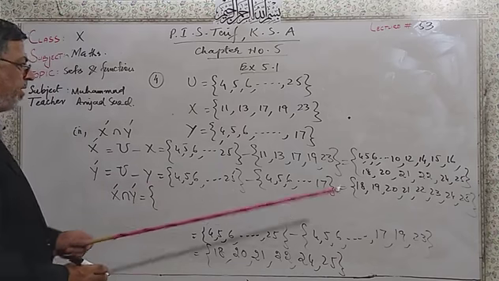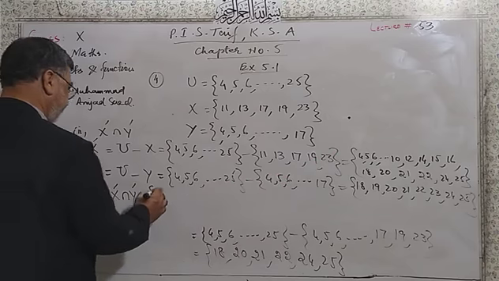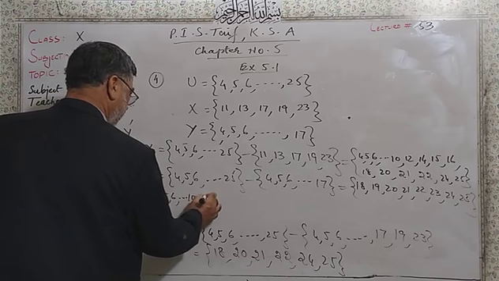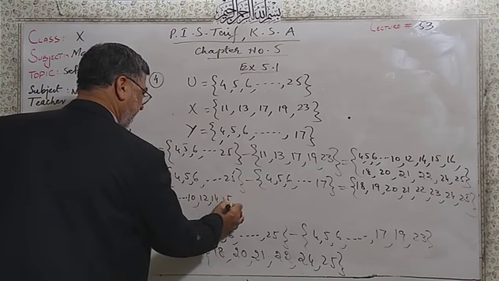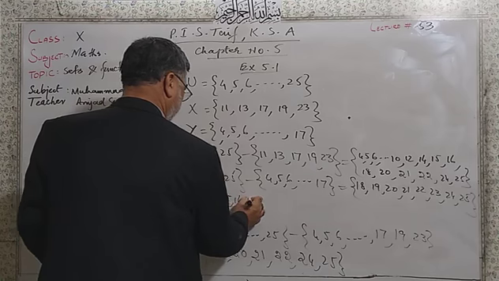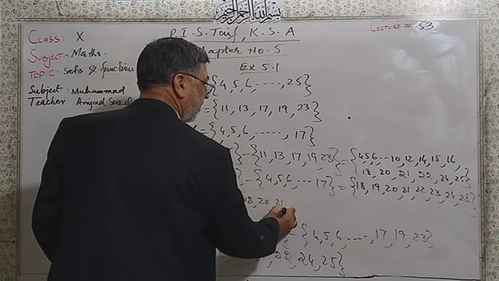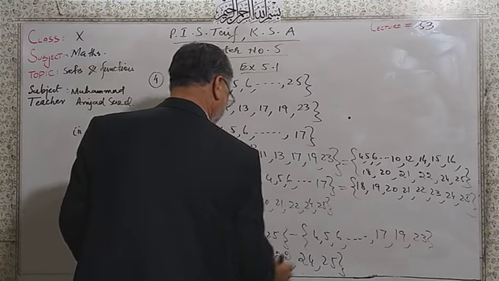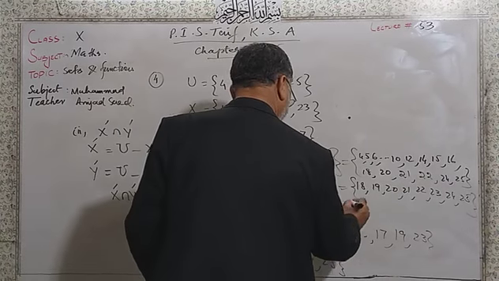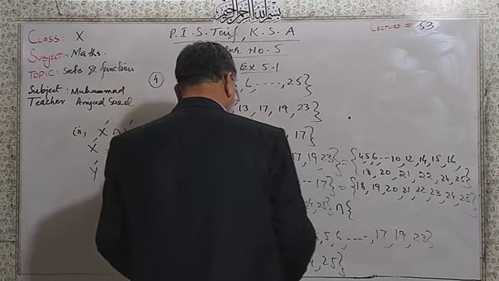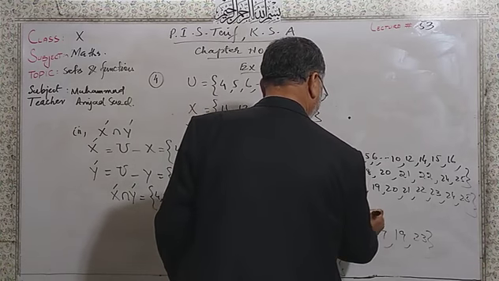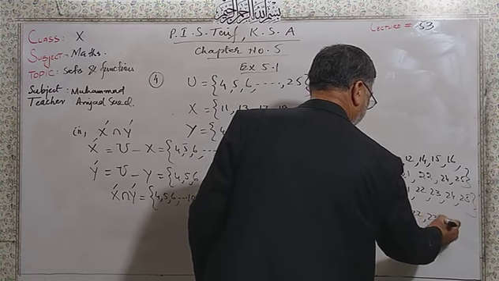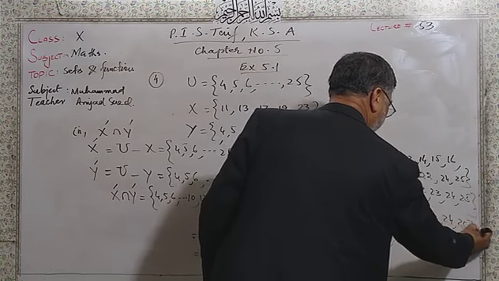X complement is 4, 5, 6 up to so on 10, 12, 14, 15, 16, 18, 20, 21, 22, 24 and 25. Then intersection, we have 18, 19, 20, 21, 22, 23, 24 and 25.